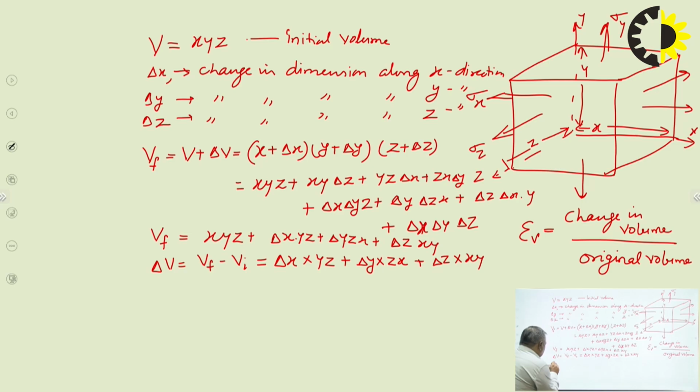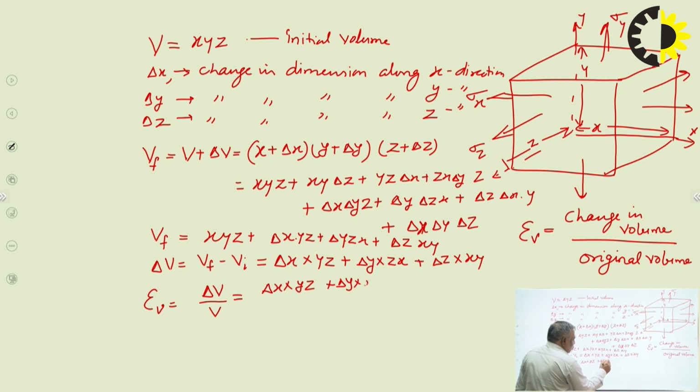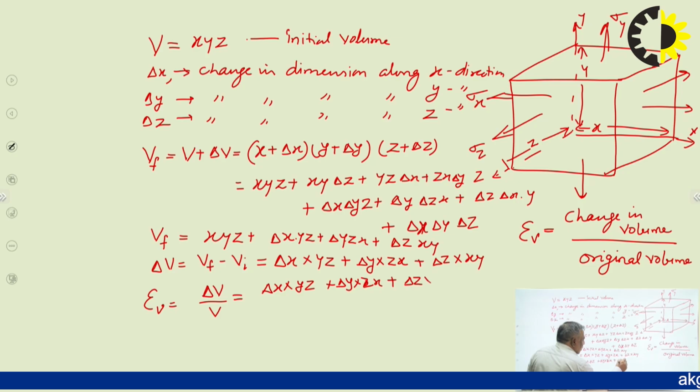So epsilon V is delta V upon V, which is equal to delta x into yz plus delta y into zx plus delta z into xy, divided by xyz.